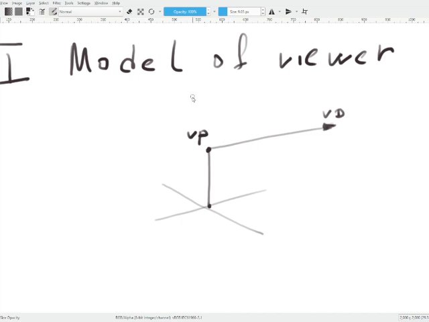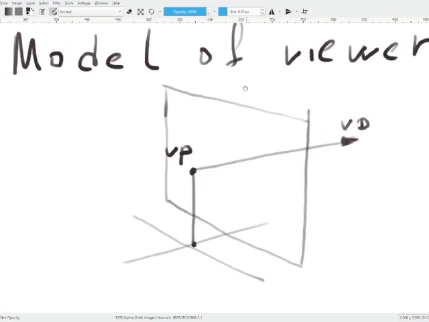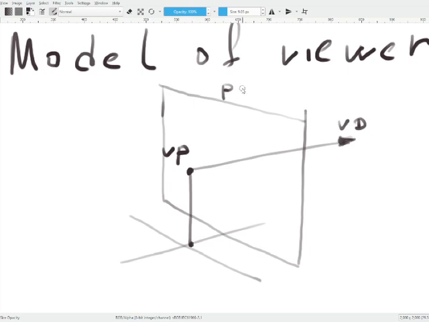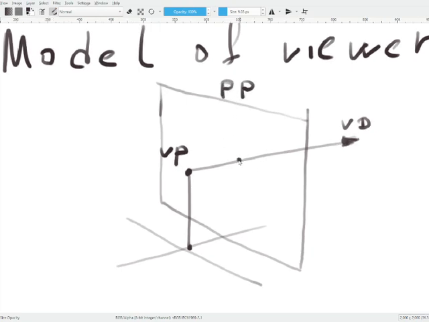Finally, the last part of the viewer is a plane. This plane is named the picture plane. The picture plane represents the plane where the image of objects is placed.